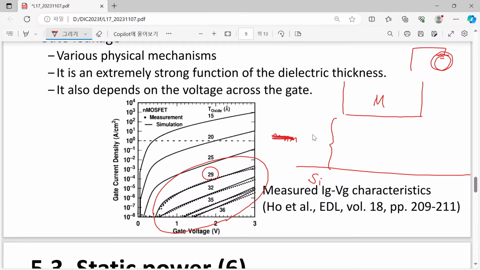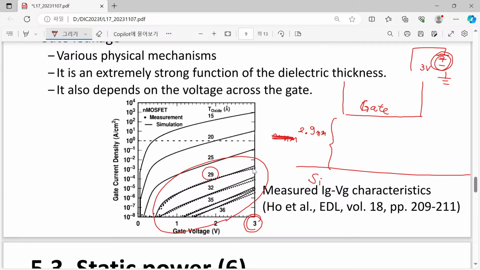Let's say in this specific case we have 22.9 nanometer thick pure oxide, and this time there was no metal, so this is maybe poly, but let's say that this is just a gate and silicon. And now we have applied, for example, 3 volt. Wow, that is a huge amount of voltage. But anyway, we have applied 3 volt.